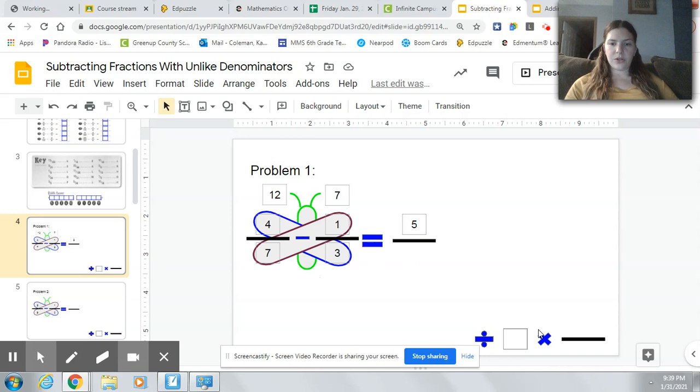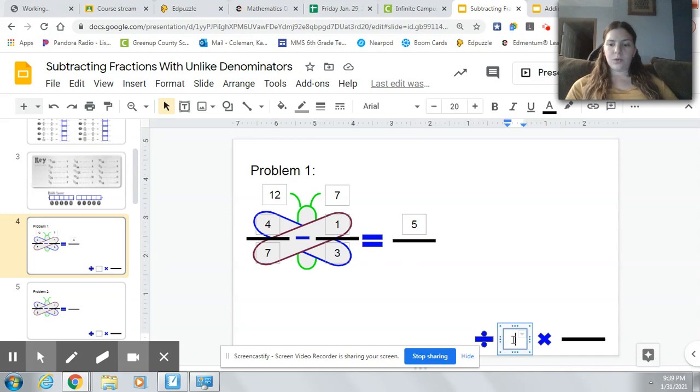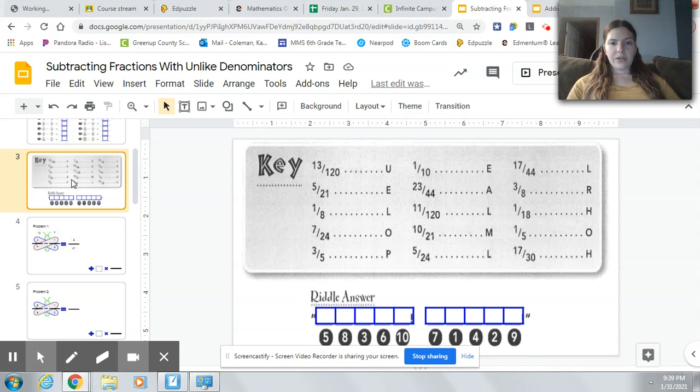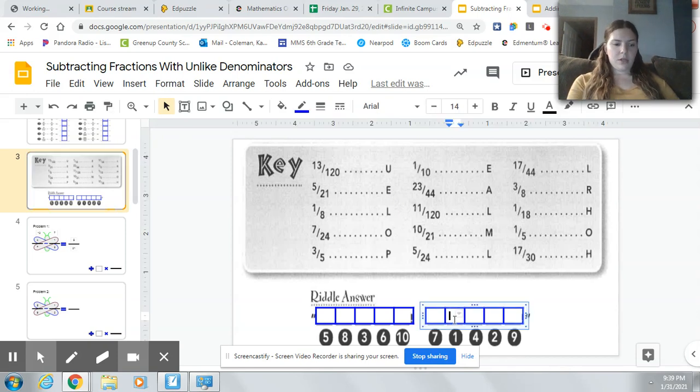So 7 times 3, which is 21. And that's going to be the denominator of our answer. So in our answer, we have 5/21. 5/21 is simplified. There's nothing else that you can divide both 5 and 21 by. So 5/21 is the answer. We can go to our answer key and look for 5/21, and it's right here. The answer is E. So E is going to be number 1. So I'm going to put an E in there.